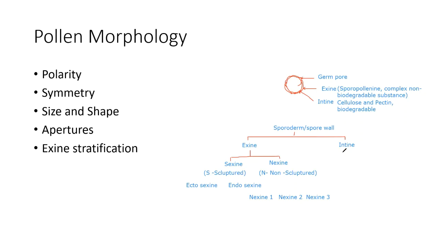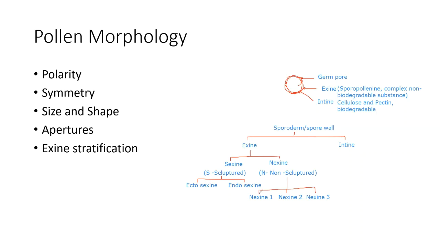So obviously the chemical nature of the pollen tube is cellulose and pectin. Exine is further differentiated into sexine and nexine, where sexine is sculptured and nexine is non-sculptured. The sexine is further divided into ectosexine and endosexine, whereas nexine is further differentiated into 3 layers, namely nexine 1, nexine 2, and nexine 3.